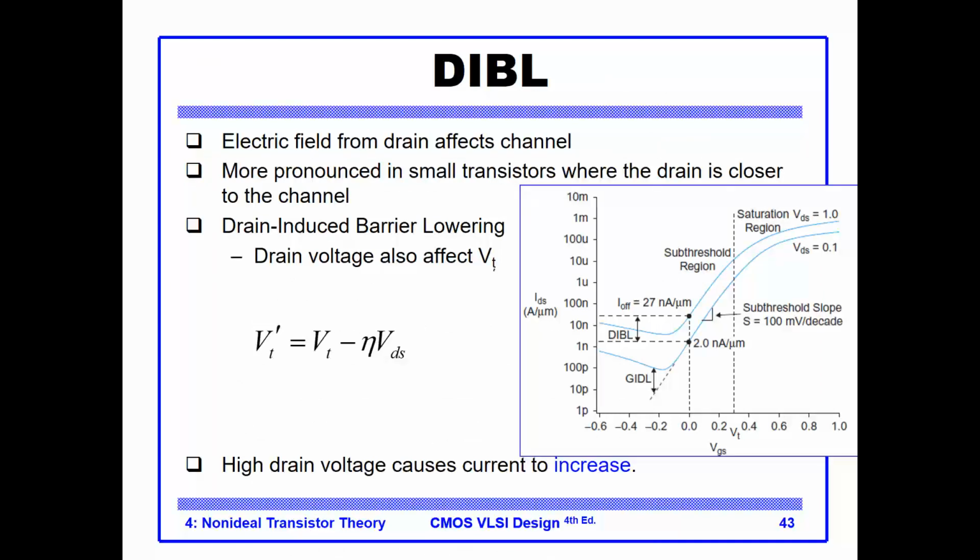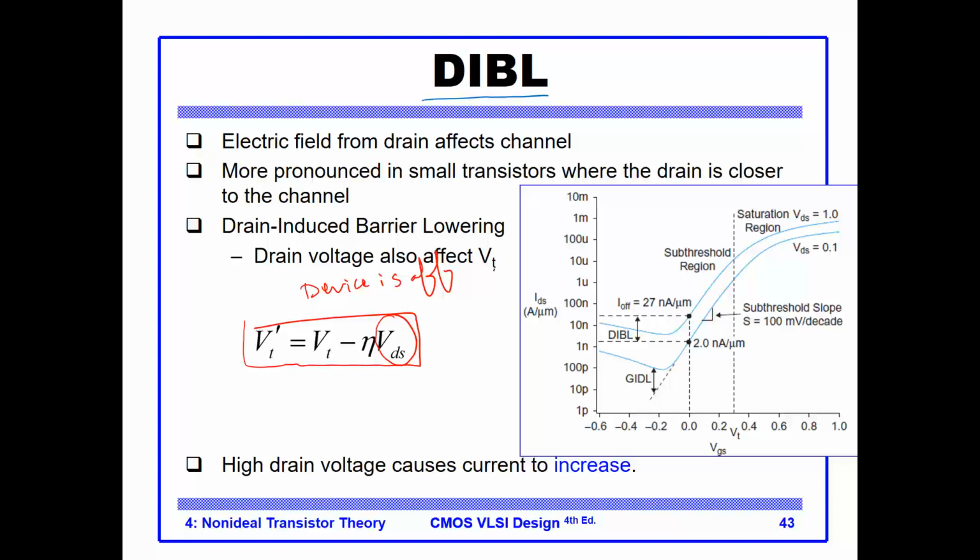In terms of drain-induced barrier lowering, it's again one of those that is caused by VDS. So when the device is off, a high value of VDS tends to decrease VT. And again, why it decreases is because as you increase VDS, the depletion region around the drain increases, and thereby we need less number of charges to form the channel.